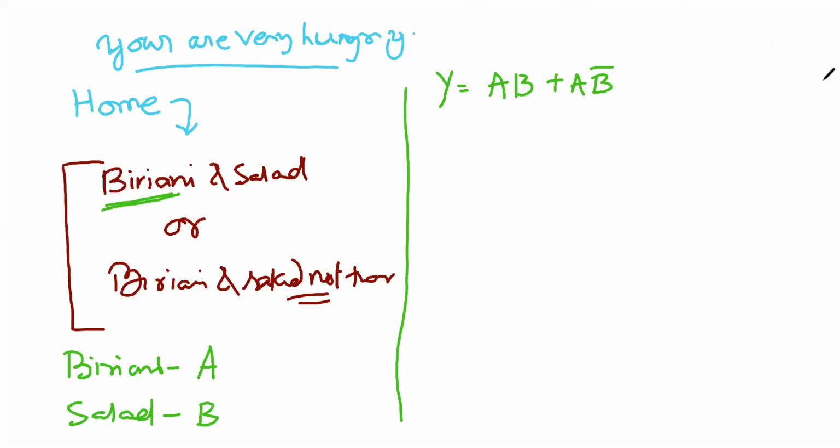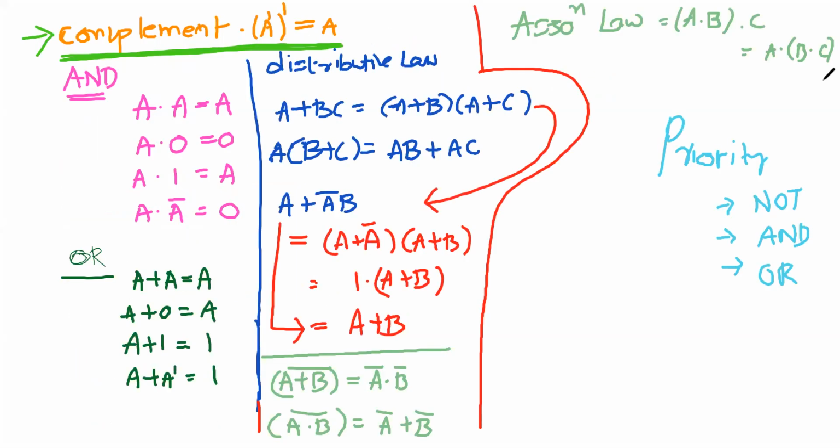Then the next priority is AND. Are there any cases like A and 0, A and 1, or A dot A bar? No, sir. Do you see De Morgan's law being applicable in this statement?